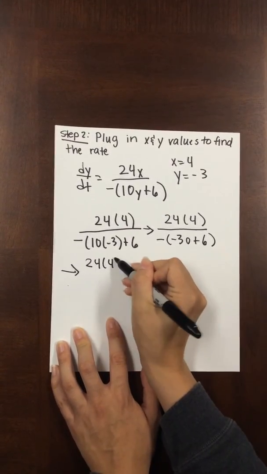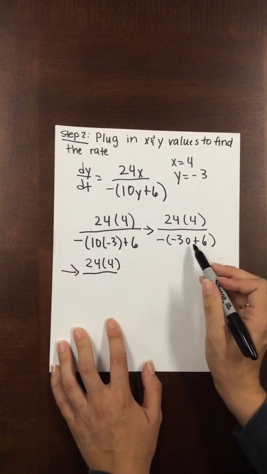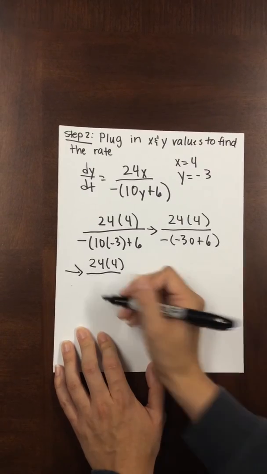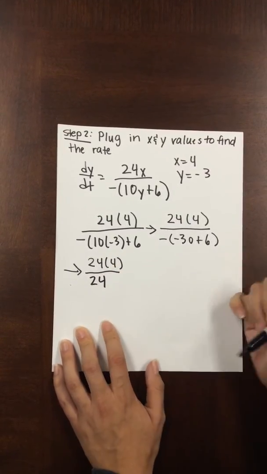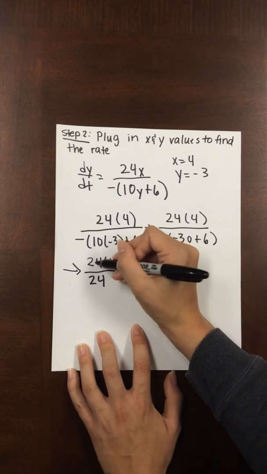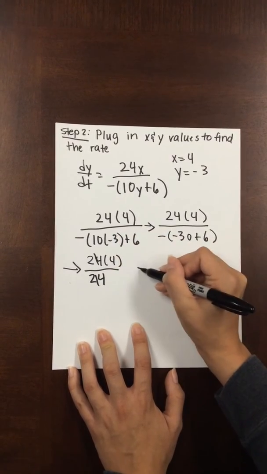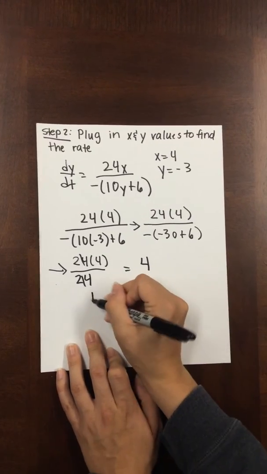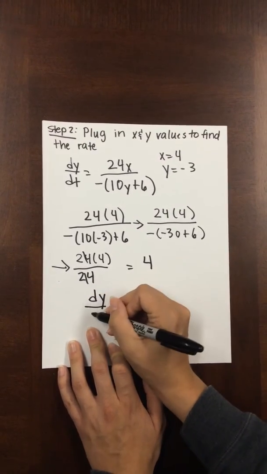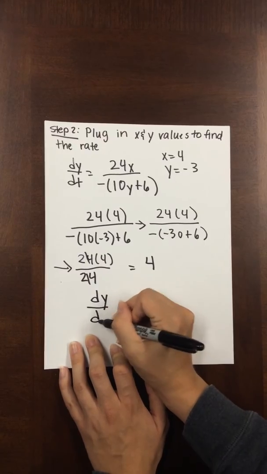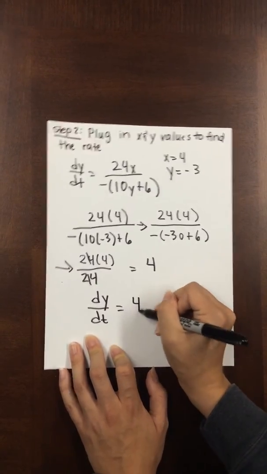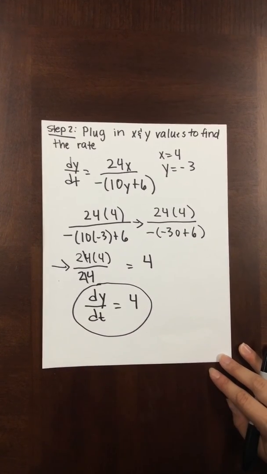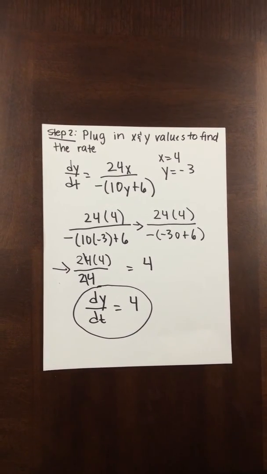Negative 30 plus 6 is negative 24, and negative 24 times a negative is a positive 24. Since we have the same thing on the top and bottom, we can cancel those out, and we're just left with 4. So our answer for the rate of change dy/dt is equal to 4. And that is how you solve problem number 2 from 3.10.